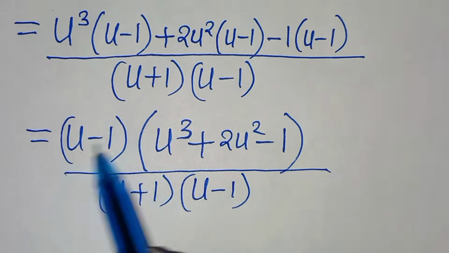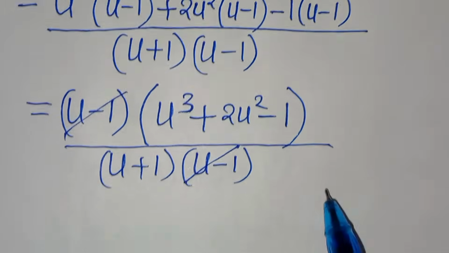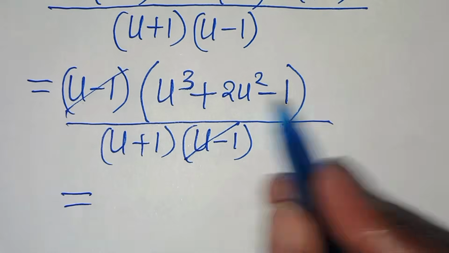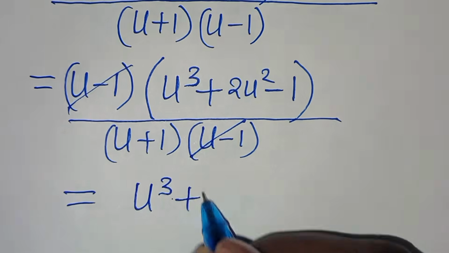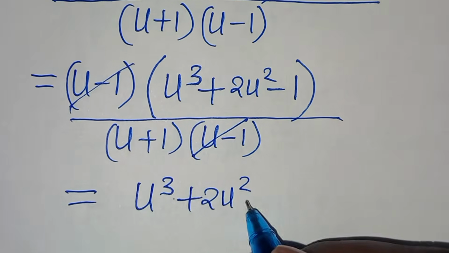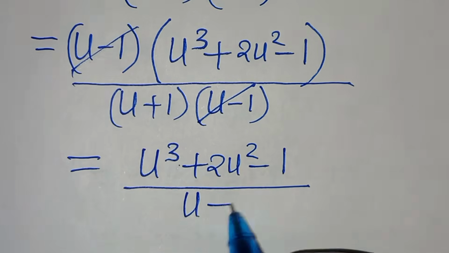So we can simplify u minus 1 and u minus 1, so that now in the numerator we have u to the power of 3 plus 2u squared minus 1, divided by u plus 1.